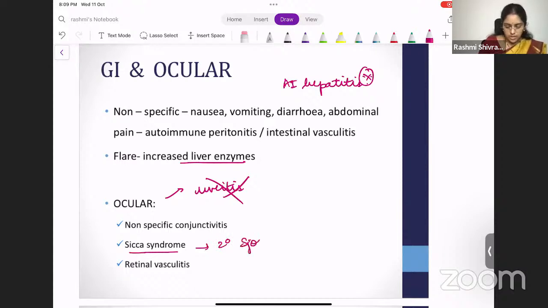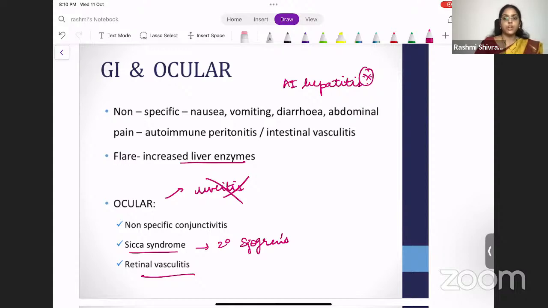Or you can have retinal vasculitis. Uveitis is present in rheumatoid arthritis, but in SLE, uveitis will not be a manifestation. Remember that you will have sicca syndrome or secondary Sjogren's syndrome and retinal vasculitis, but uveitis will not be present.